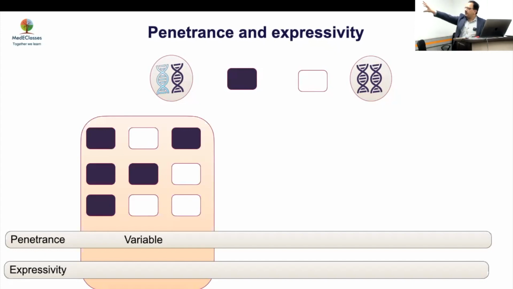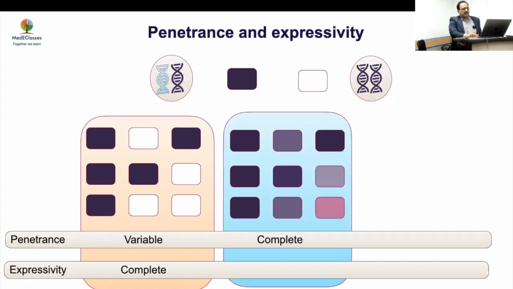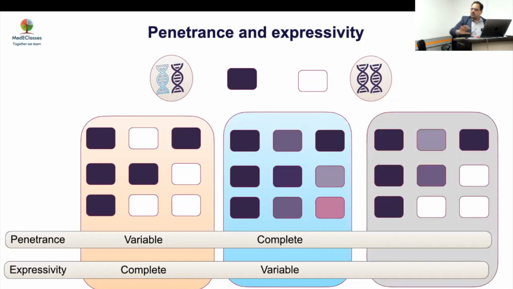If they are severely affected, they are affected. In the second situation, penetrance is complete, everybody is affected, but some are mild, some are moderate, some are severe. And in another, some are mild, some are moderate, some are unaffected. So you can have variations in terms of penetrance and in terms of expressivity.